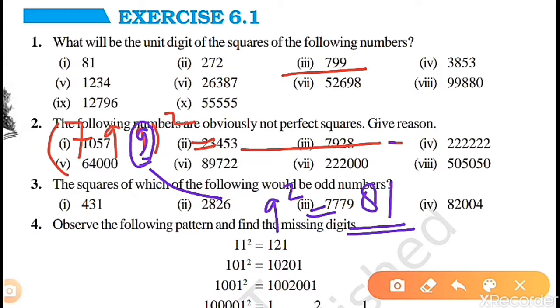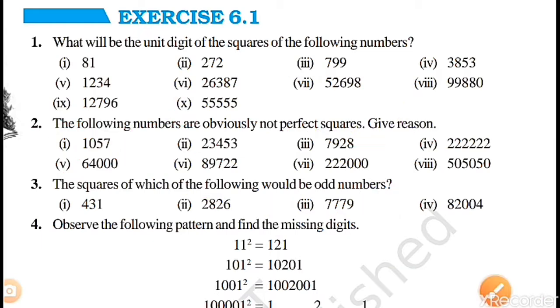So we will say this square will be ending with the digit 1 at its unit place, although there will be certain other digits along with it. In this way you can calculate the rest of the questions by yourself.